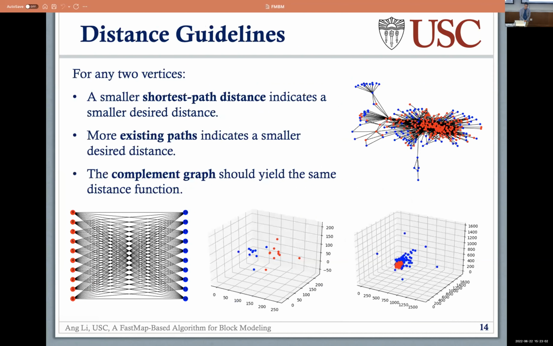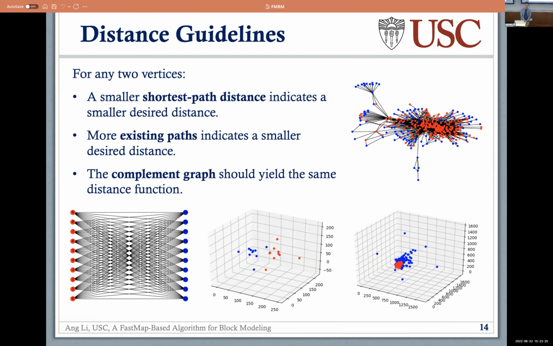So what distance function do we want? Based on cases like the bipartite graph, we designed three guidelines for the distance function. For any two vertices, first, if there is a smaller shortest path distance between them, then we also want the desired distance to be smaller.